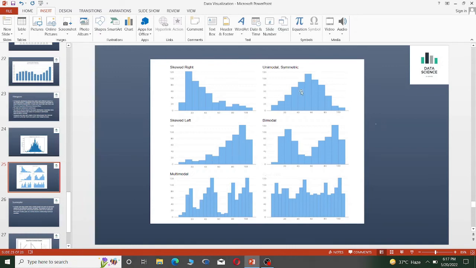Now it is similar to the previous graph. It is also symmetric, right? So it is a normal distribution. Here it is written unimodal. Why unimodal? Because it is giving only one highest frequency. But in this graph, on different values of the x-axis, it is giving two higher values, one around 110, one around 120.